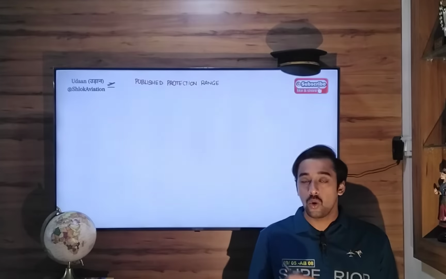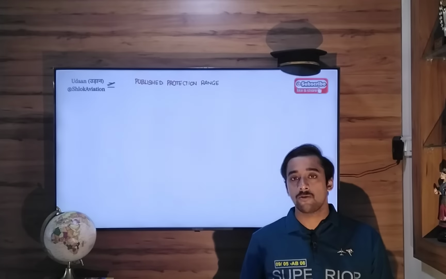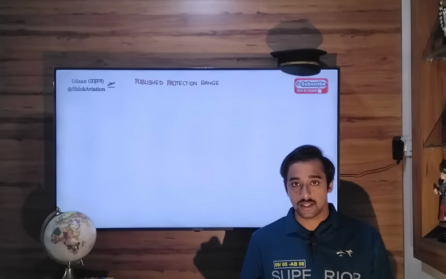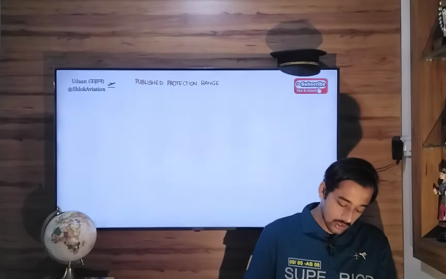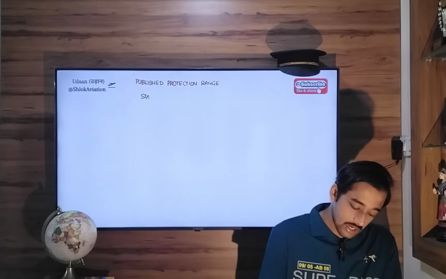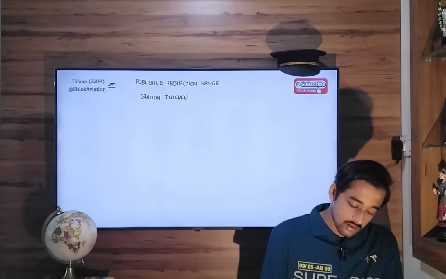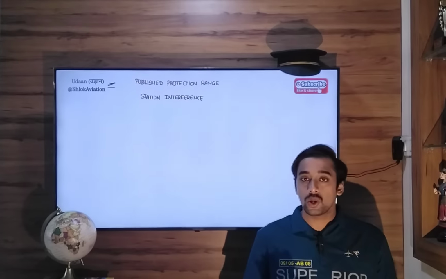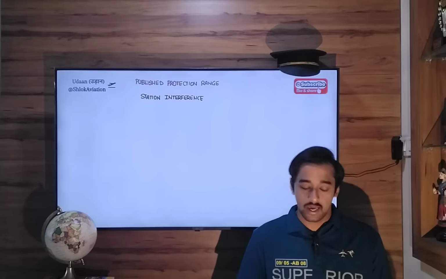So if you go beyond that range, maximum range from that NDB, you will have to switch your frequency from the previous NDB station to the next NDB station. Okay. If you don't do that, there will be station interference. That means the aircraft will receive signals from both NDBs simultaneously. There will be confusion and hence bearing errors.